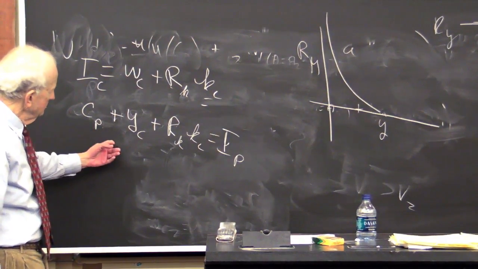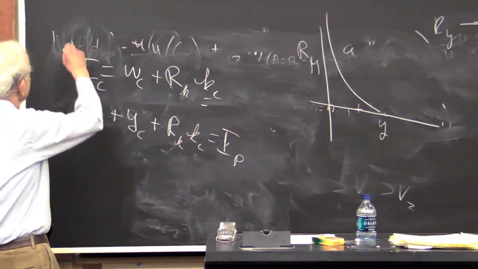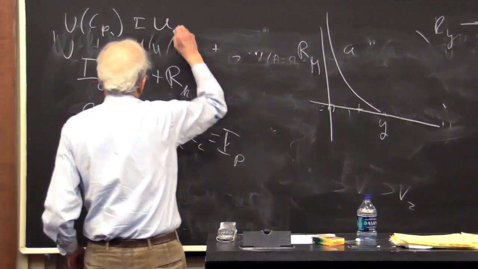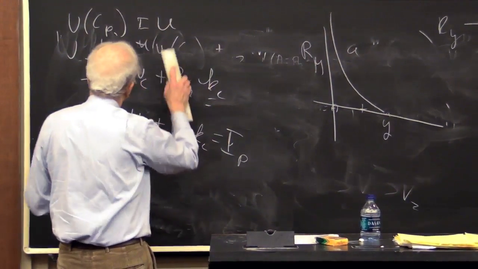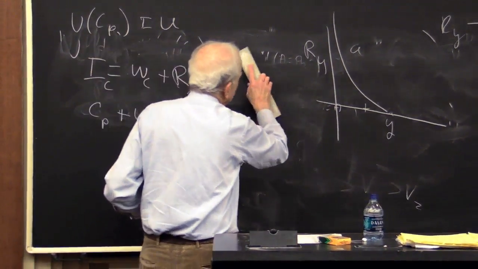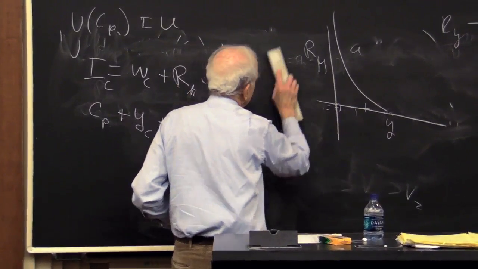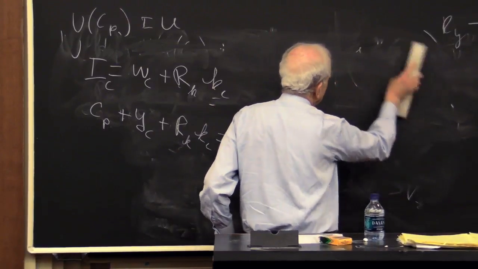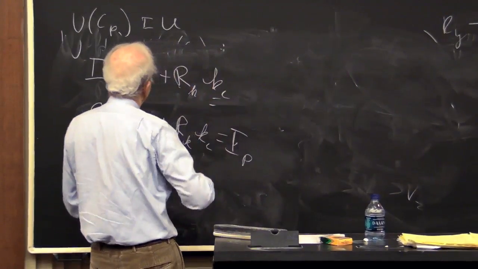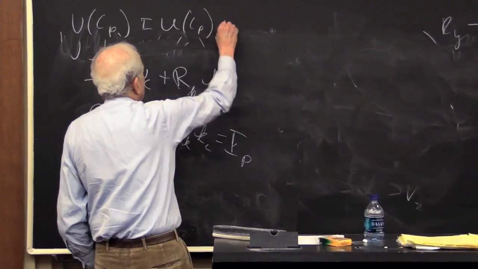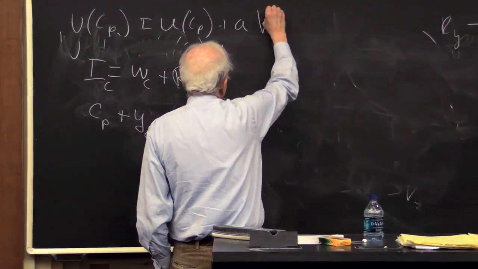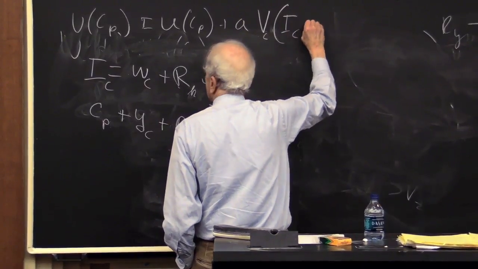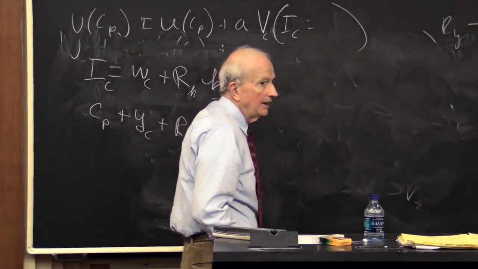This is what the parents have. And what they're maximizing is U of CP equal to little u of CP, A, V of the child, only one child now. That's the problem of the parents.